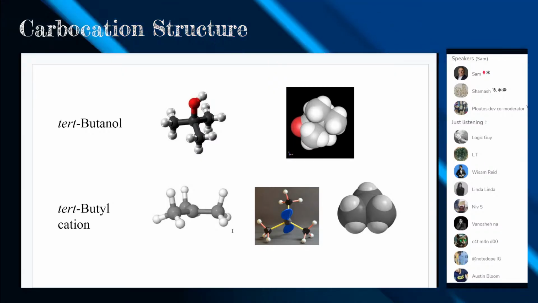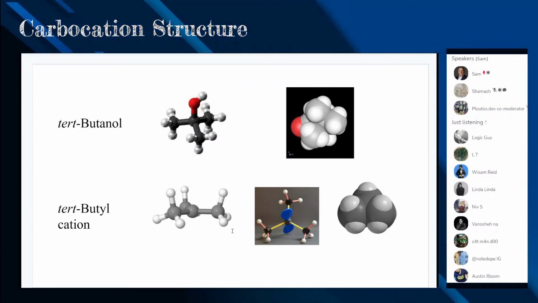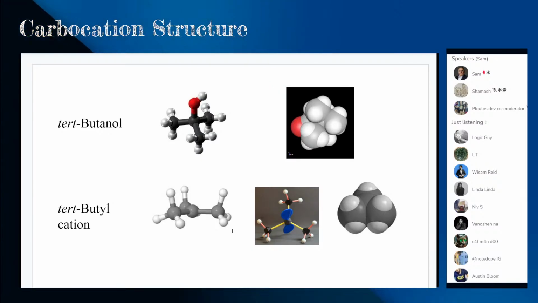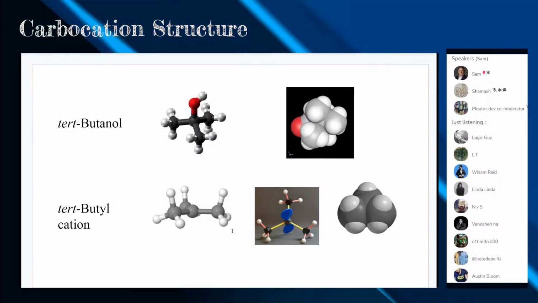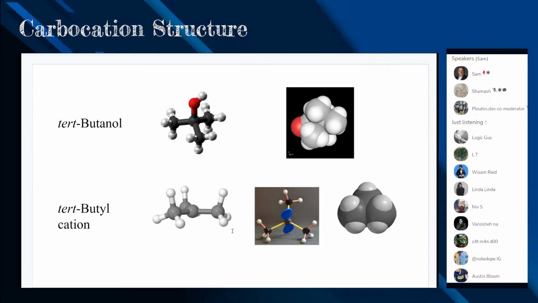And so here t-butyl has an OH group attached to it, so it's an alcohol. On the left is the stick figure model of t-butanol, and on the right is the space filling model. The point here was that we don't see the central carbon, right? It's buried inside of all those methyl groups.